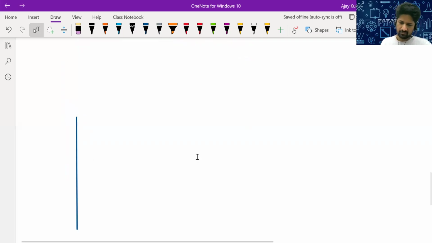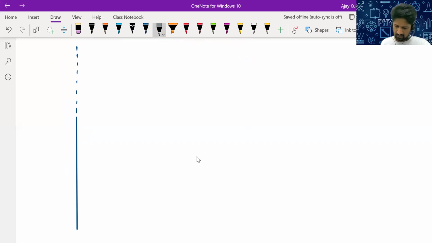Again, consider a semi-infinite wire itself. This time, let's say the point is at a perpendicular distance x, making an angle, let's take 53 degrees at one end.